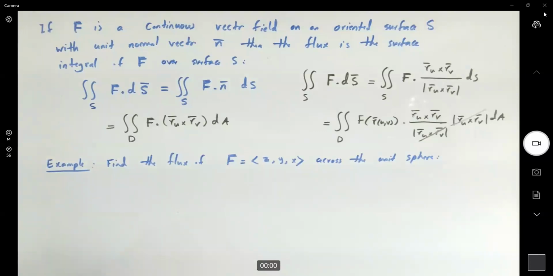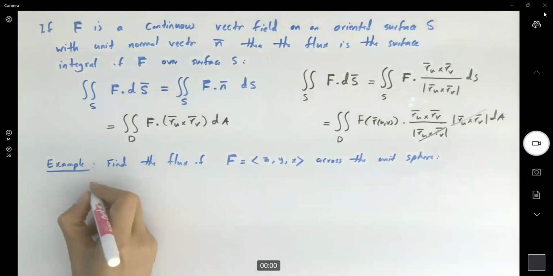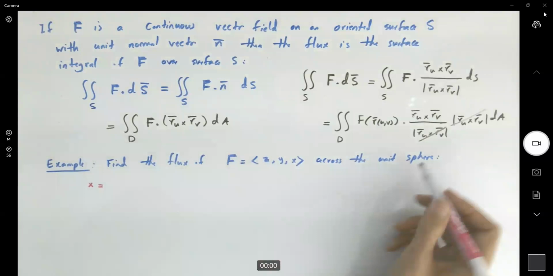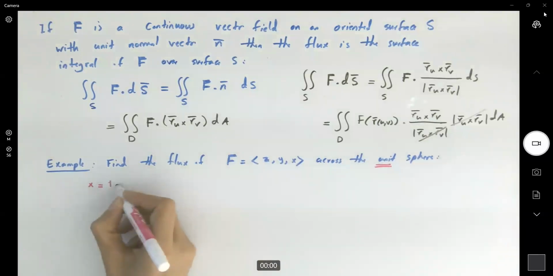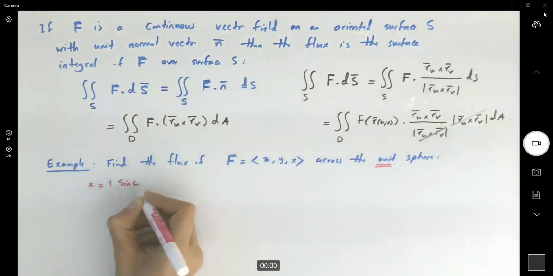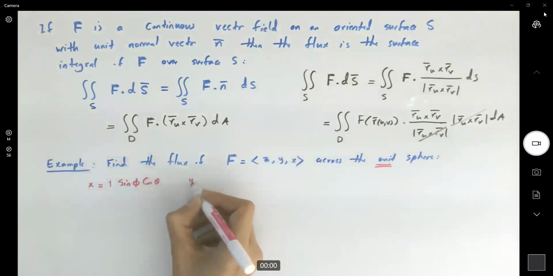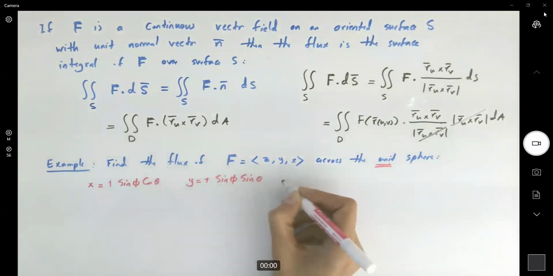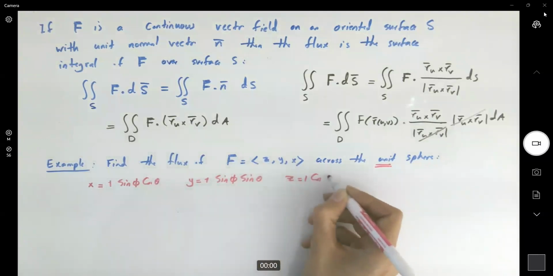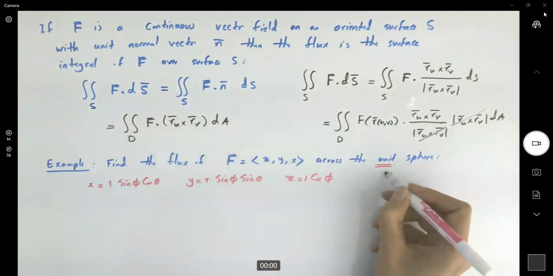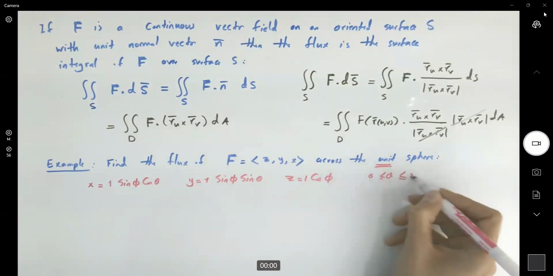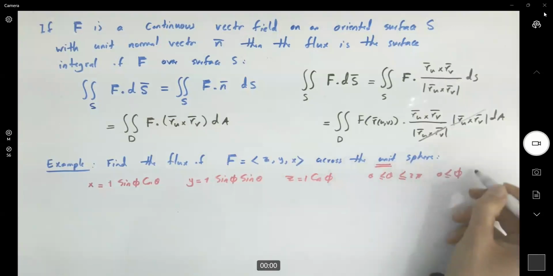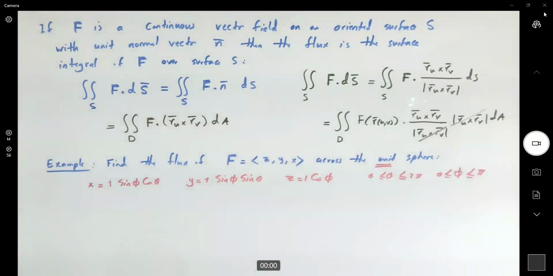So as usual, we're going to apply the parameterization. X is equal to, since you have a unit sphere, 1 times sine phi cosine theta. Y is 1 sine phi sine theta, and z is 1 cosine phi. And theta ranges between 0 to 2 pi, and phi is between 0 to pi. We don't have any restriction over these.